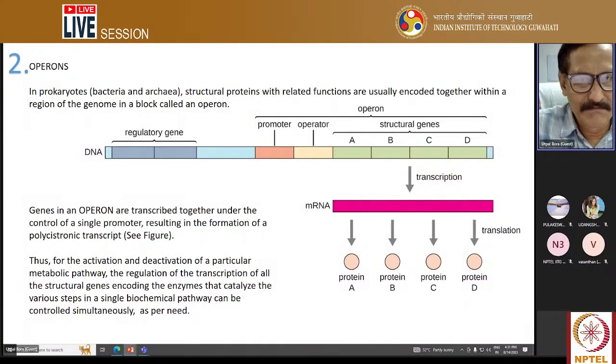Basically, all these proteins, or factors, or catalytic enzymes participate in a common metabolic pathway.